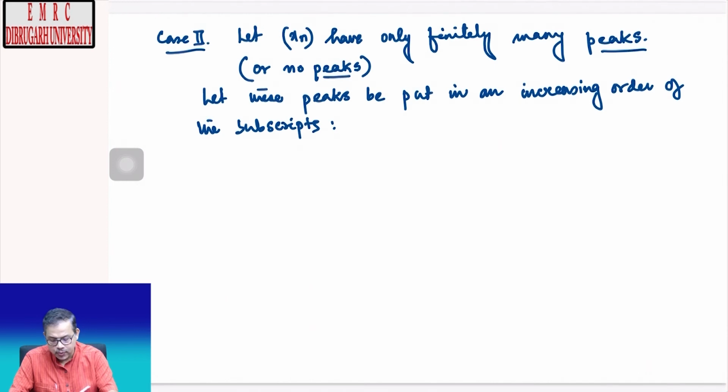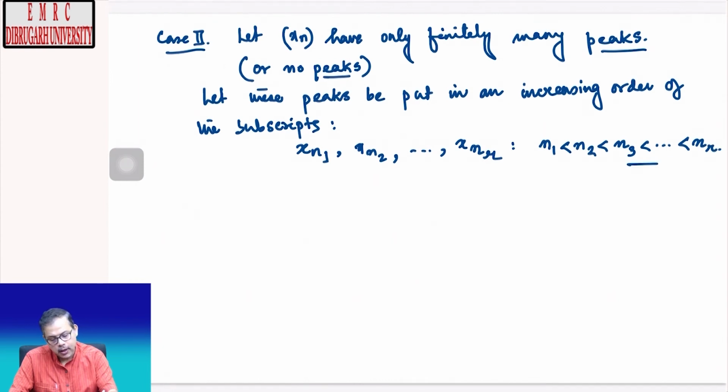Because this time we have only finitely many peaks, let us put them this way: xn1, xn2, ultimately xnr, such that n1 is less than n2, less than n3, and so on. Finally, it is less than nr.